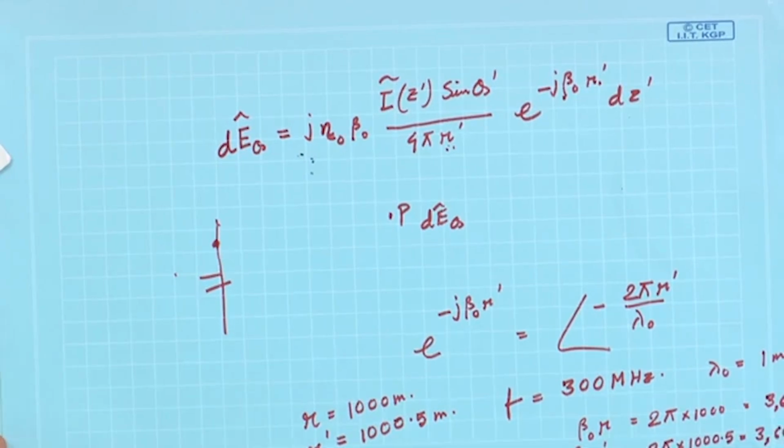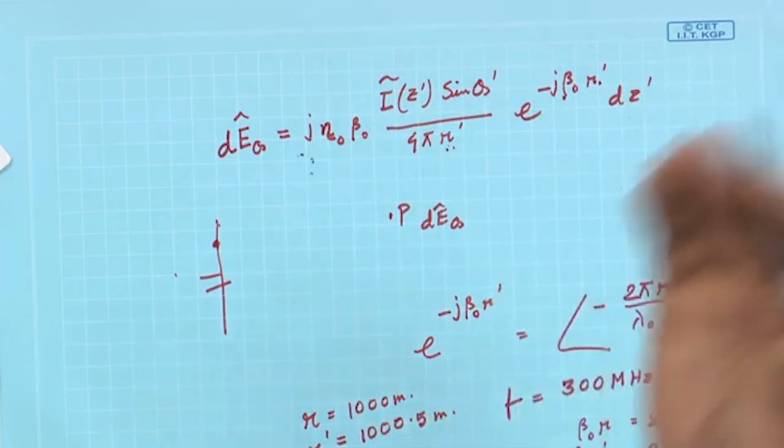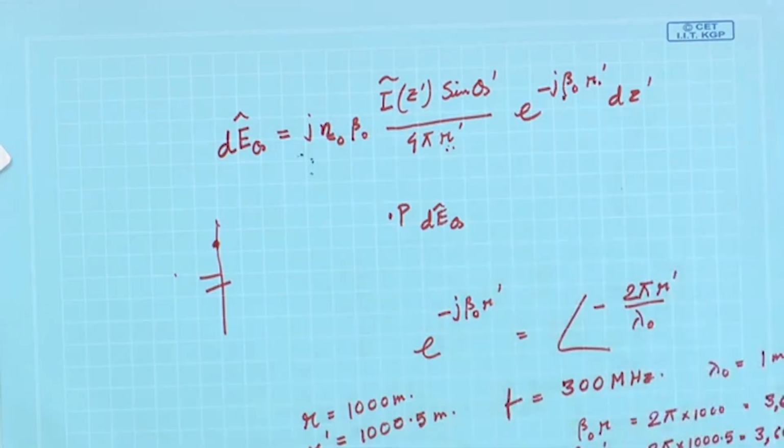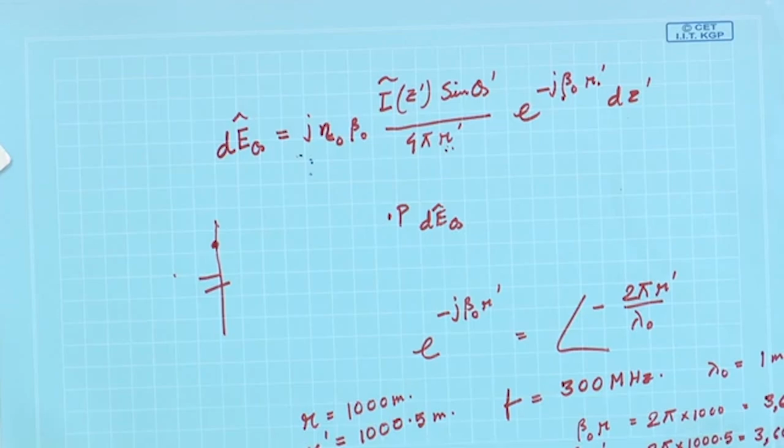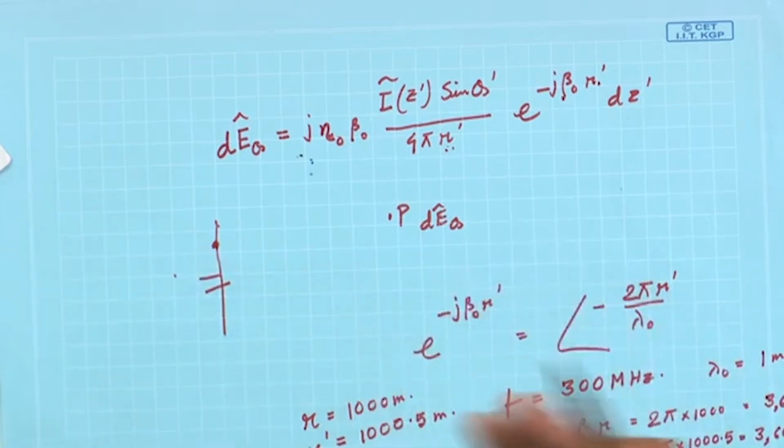You see the phase angles, though the points are very near, only over a distance of 1 kilometer they are only 50 centimeter away, but angle wise, when we are calculating phase, they are completely out of phase. So, if we superpose these two, that means if these two phases are added, they will give a null phase or 0 phase.